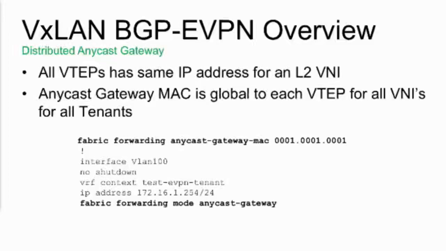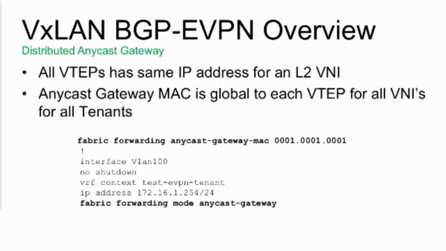Now, I was talking about the distributed anycast gateways. You may have hosts of the same subnet residing on different VTEPs, and it becomes hard to communicate, or you have a single gateway residing somewhere on a remote VTEP. With a distributed anycast gateway, you have an anycast address, configured with the same IP address on all the VTEP endpoints.